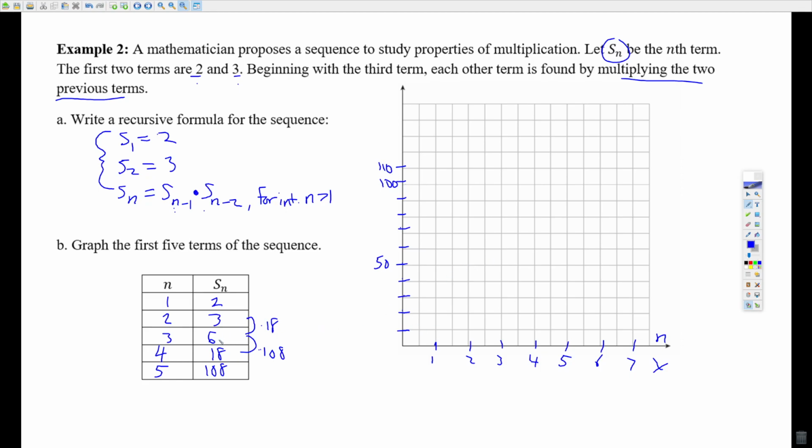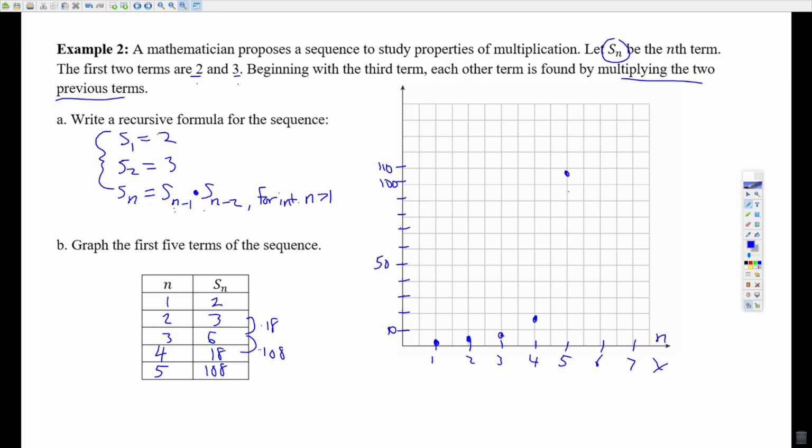Okay, so we can plot the points now. So at 1, it's 2. So since this is 10, it's going to be kind of low down here. We'll put a little dot close here. At 2, it's just barely above that at 3. At 3, it's 6. So still not even up here. At 4, it's 18. So 10, 20 would be up here somewhere. At 5, it would be at 108.